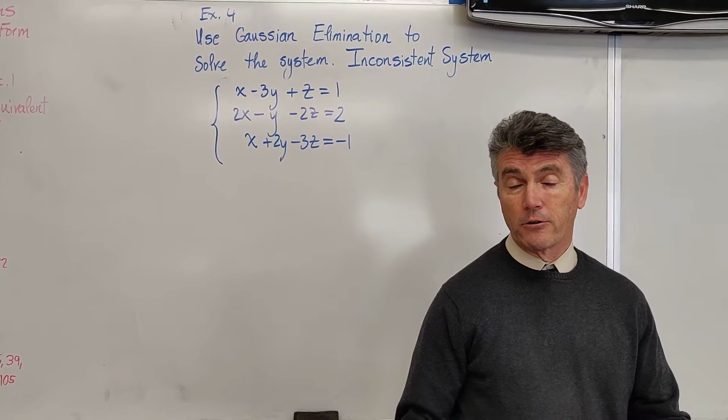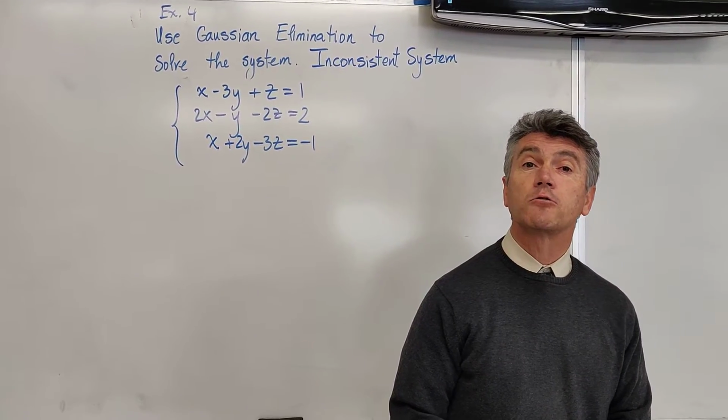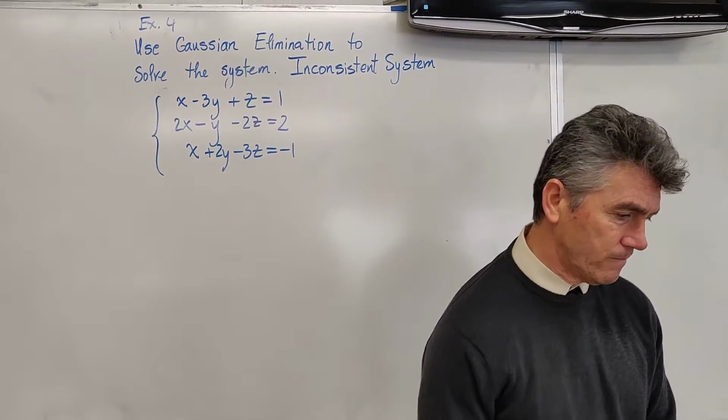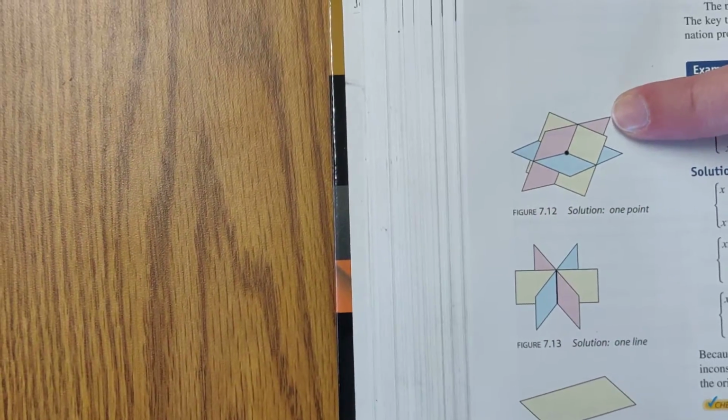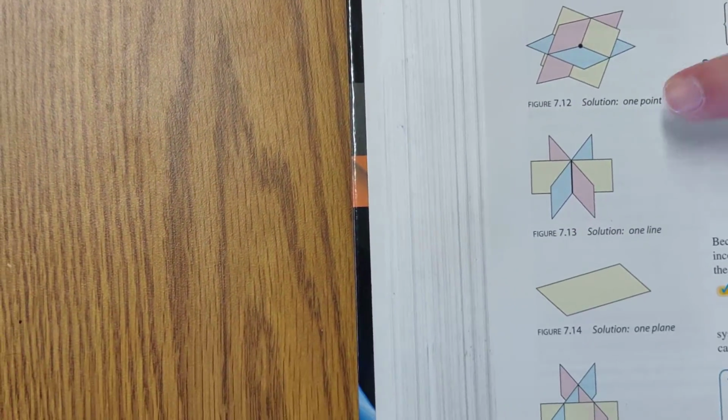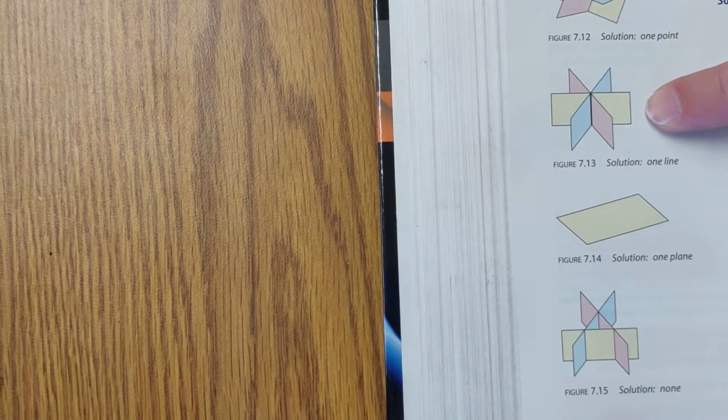Since I'm not very good at drawing all of this, we're going to take a look at the illustration in our book. All those cases are illustrated on page 522. Three planes that intersect in one point, one solution. Three planes that intersect in a line, an infinite number of solutions.